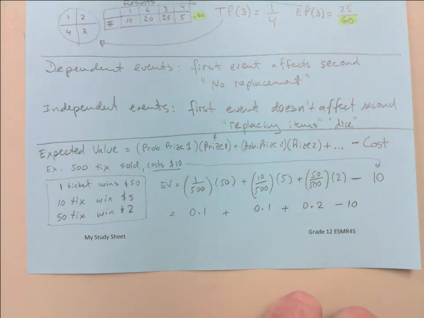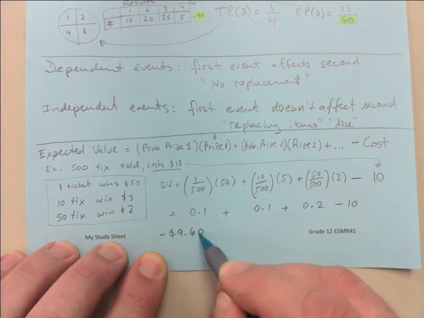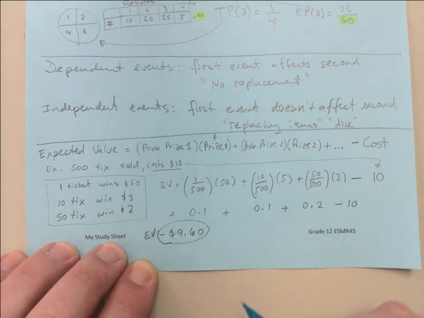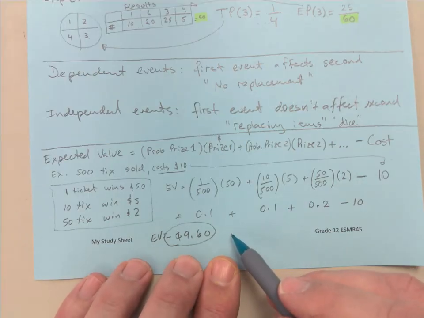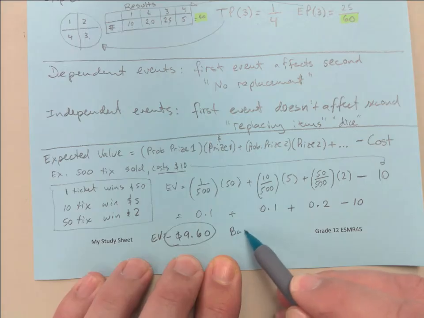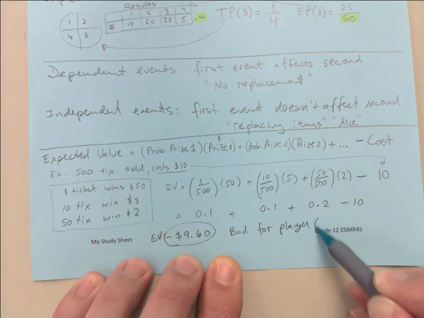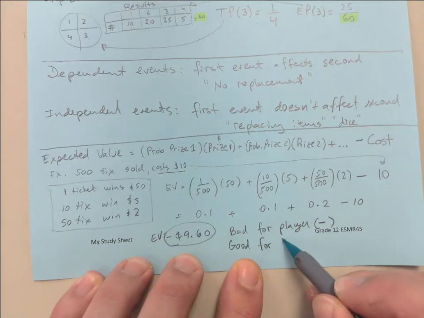So 0.4 minus 10, that would be negative 9.60 would be the answer. And so bad for player because of negative, good for host.